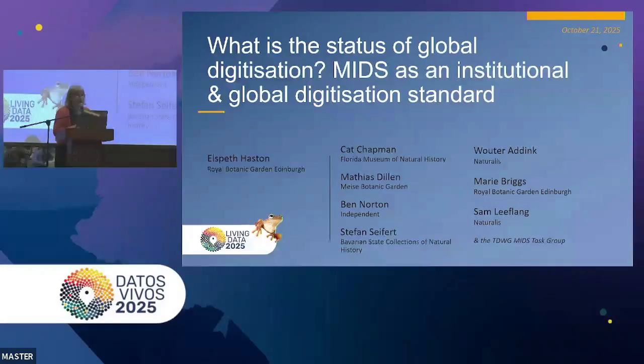Starting from MIDS level 0, which came in as a kind of pre-digitization level, which pretty much records the specimen's existence, but not much more than that. It tells you that it exists and where it is. But right up to MIDS level 3, which is where we're getting into the territory of the open digital specimen.